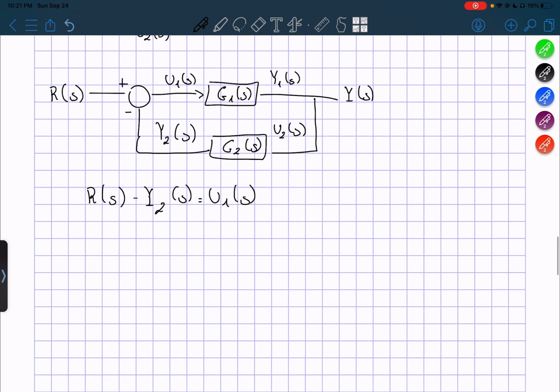And then we say that y1 of s is equal to u1 of s times g1 of s, because we take the u1, multiply, and then we get the y1. And then I can say that y1 and u2 are the same thing. So y1 of s is equal to u2 of s.